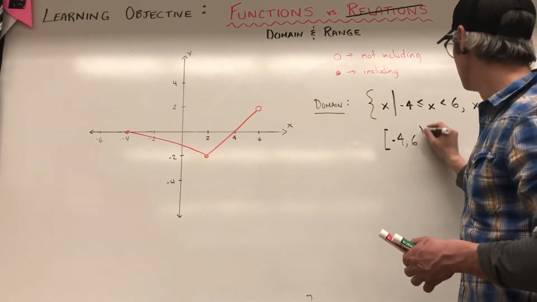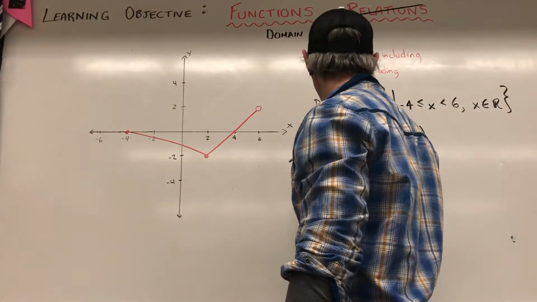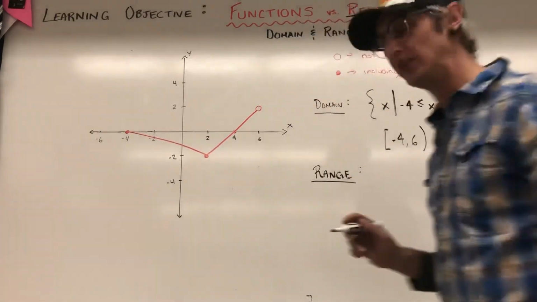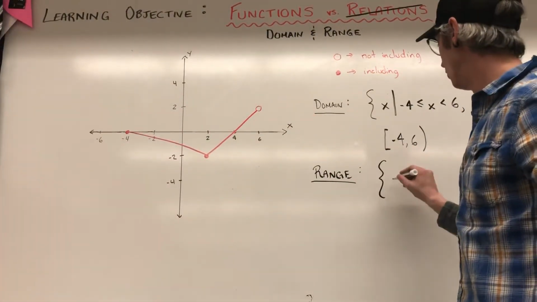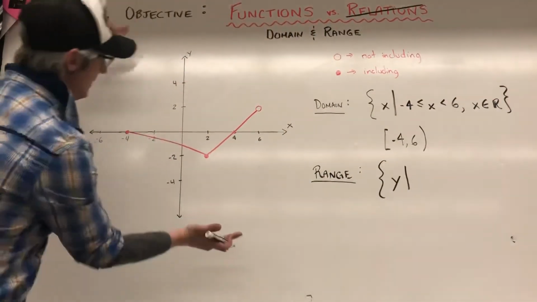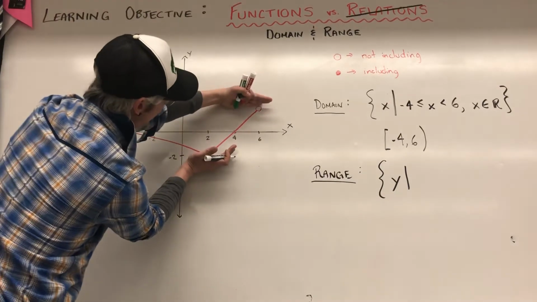And on the range, aka what are the values of y within which my function exists? It's the same thing. So squiggly bracket, y such that. Now my y exists between this on the bottom and this is my max here.